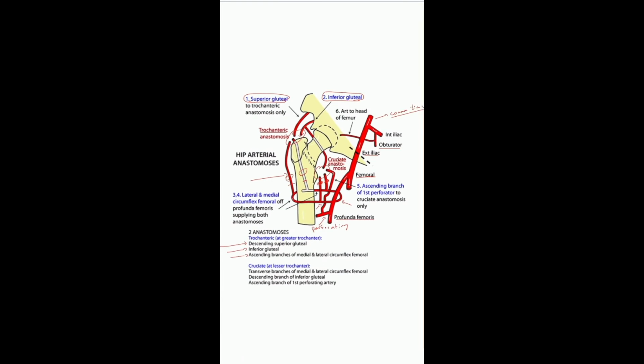Okay, and then you have, as I told you, this artery here called the first perforating artery, and it gives off an ascending branch which contributes to the cruciate anastomosis. Now you have two more branches left, which are the transverse branches of the medial and lateral circumflex, which are these two here. Those are the four different arteries that are part of the cruciate anastomosis.